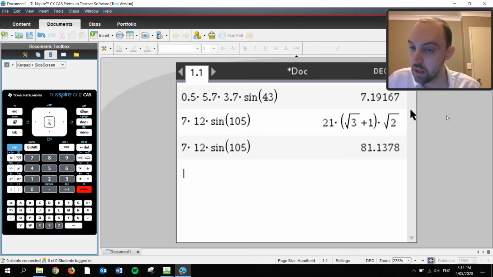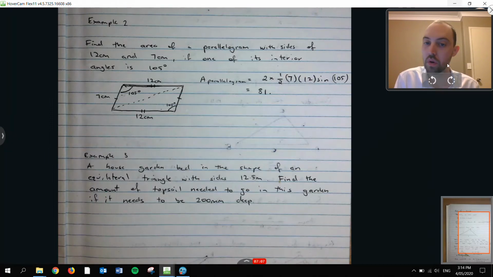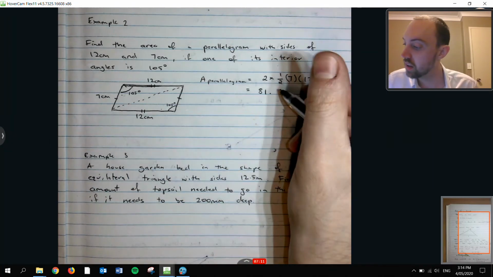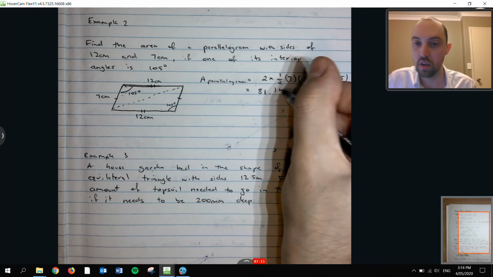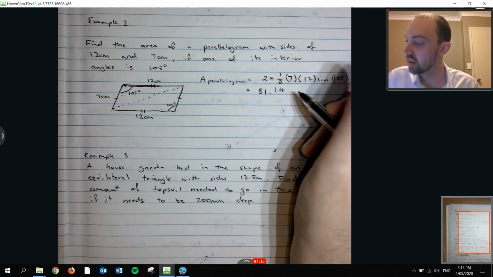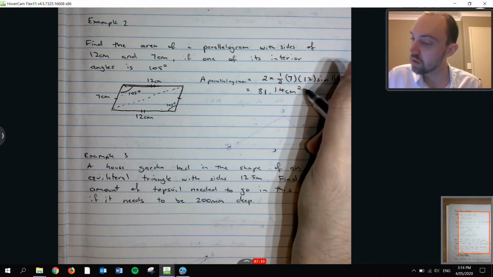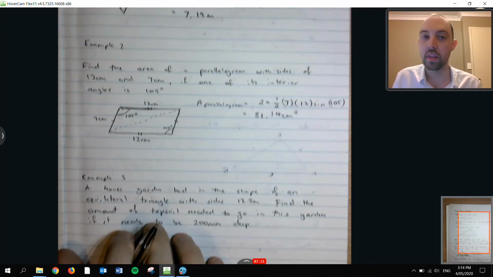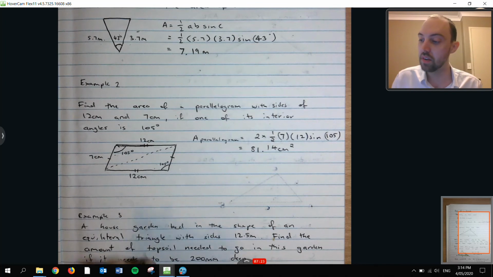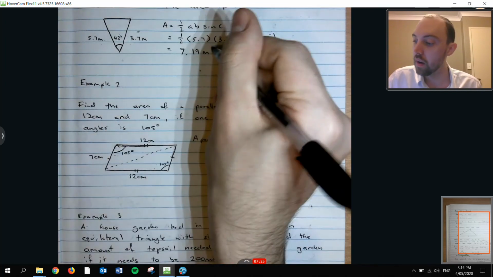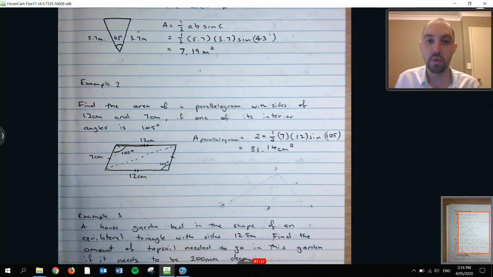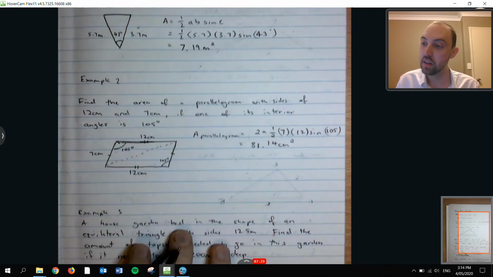It's equal to 81.14. Again, I don't think I've given any accuracy in the question, and I generally like to go to 2 decimal places. That's just me. Centimeters squared. Ooh, that's something that I missed out on the previous example: 7.19 meters squared. We're talking about area here. My mistake.